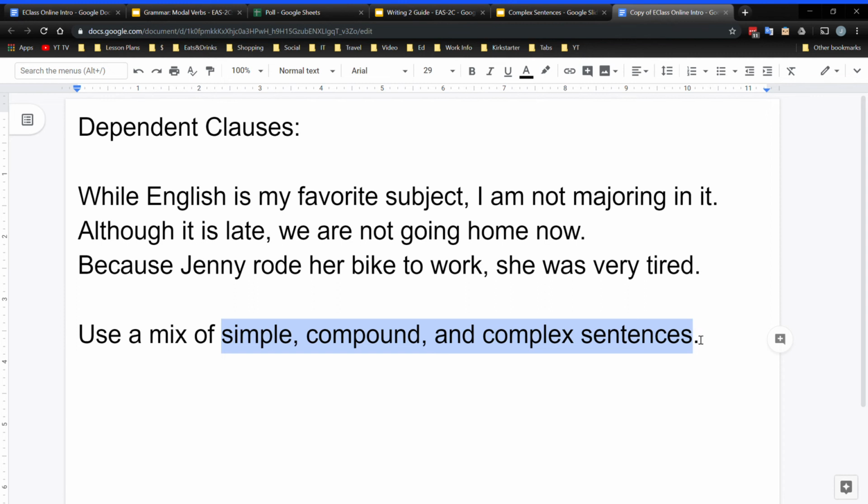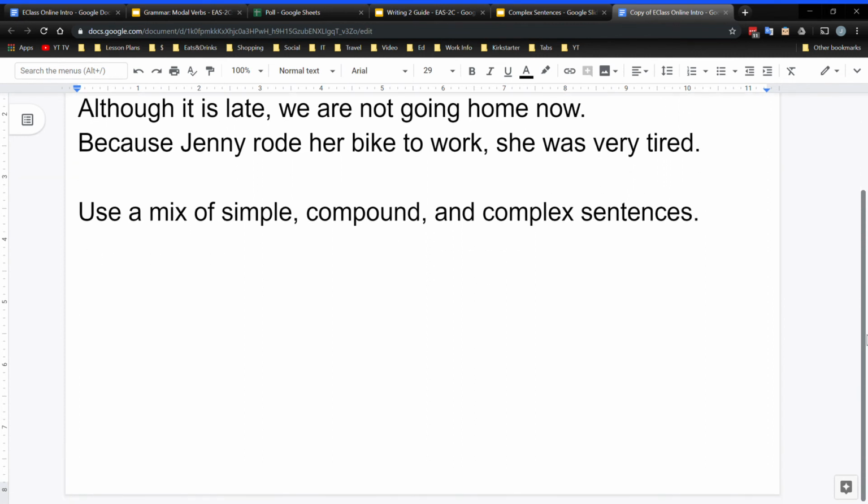So the trick that I want to talk about is using... Let's see. So we had independent clauses, right? And we have simple sentences.